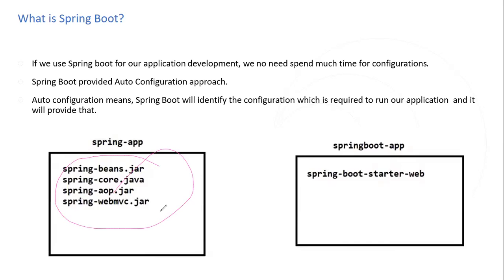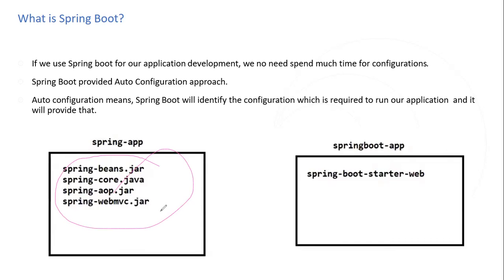In Spring MVC web applications, we require one front controller, known as the dispatcher servlet. Once you add this jar, you then need to configure the front controller in an XML configuration file.